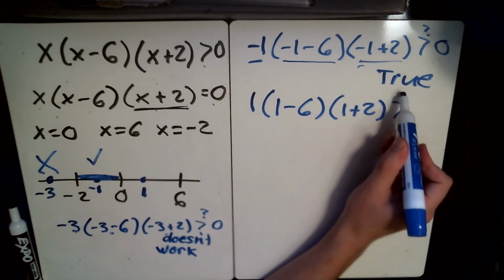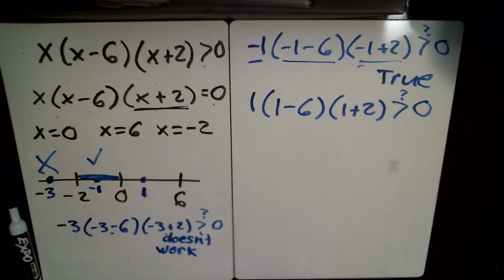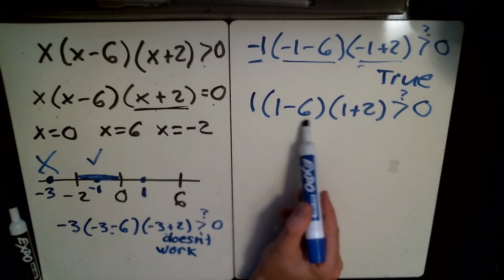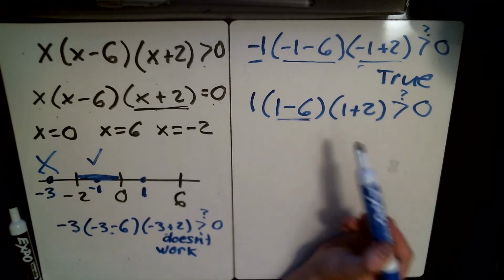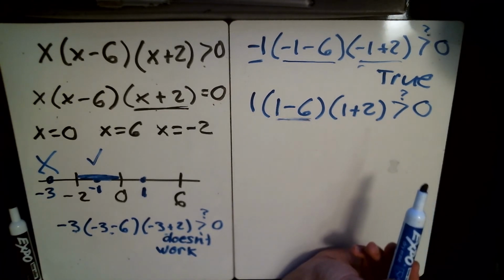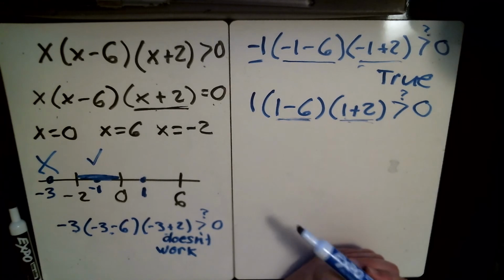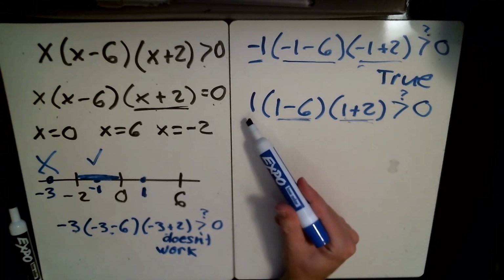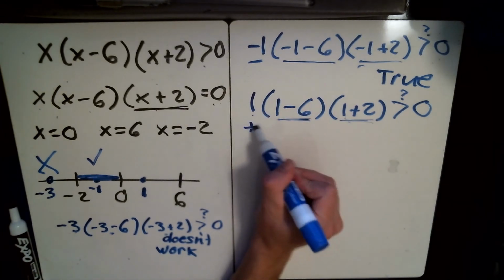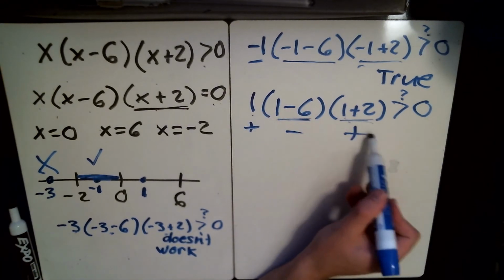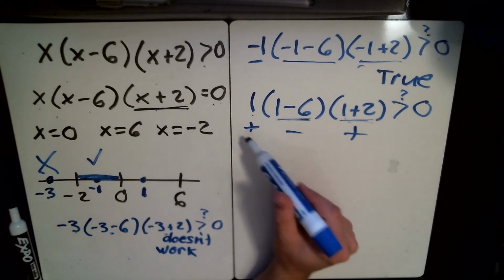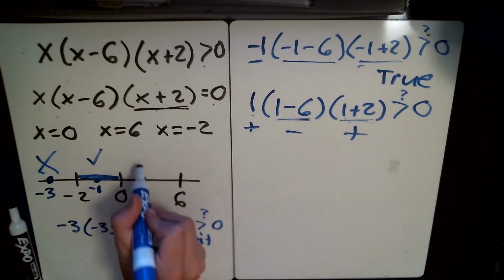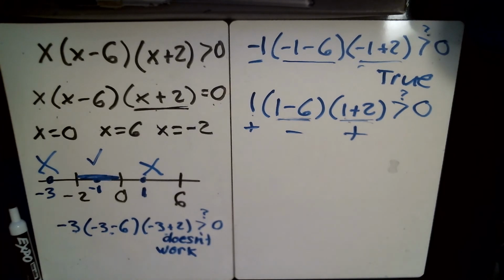We're wondering, is that greater than 0? Well, 1 is a positive, and 1 minus 6 is a negative number. Positive times negative is negative, and then times another positive is going to be negative. So that's not going to work right there.